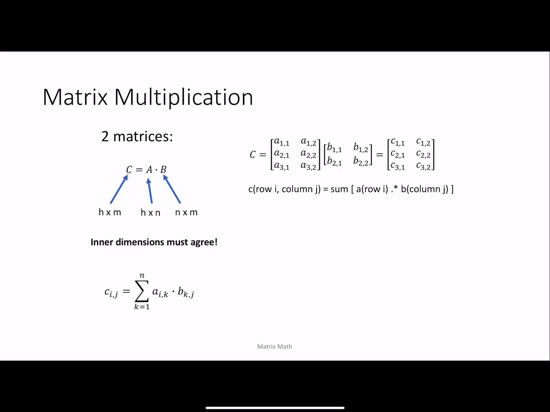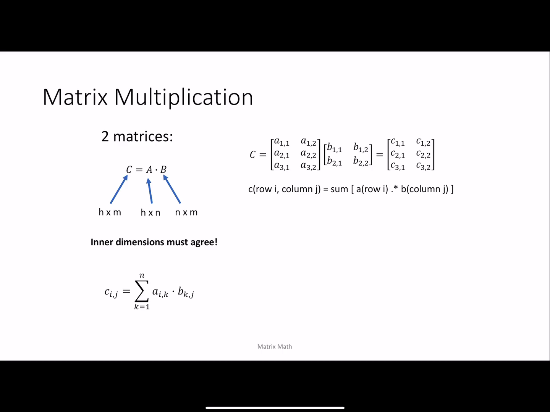Here is the summary of it: we take the first row multiplied by the first column of the second matrix, and we store that in the value C11, right? We take again the first row multiplied by the second column of the second matrix, and we call that value C12. We then move on to the second row multiplied by the first column, that goes into C21, and so on.